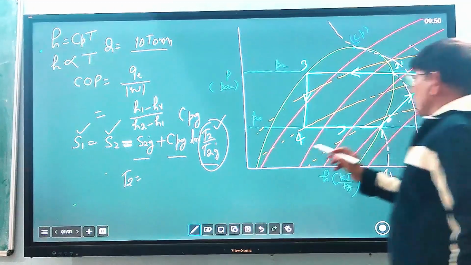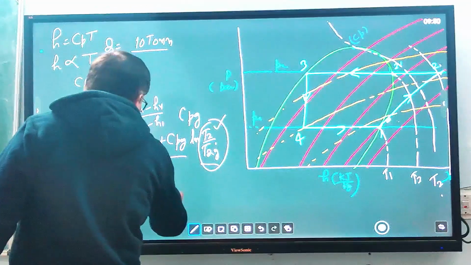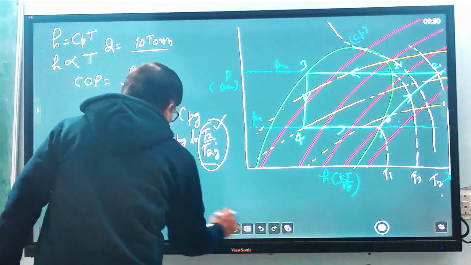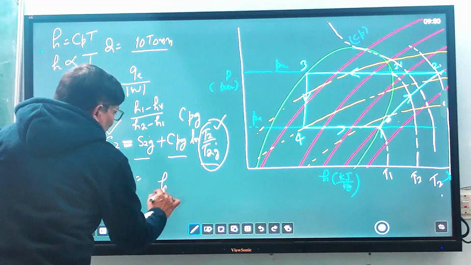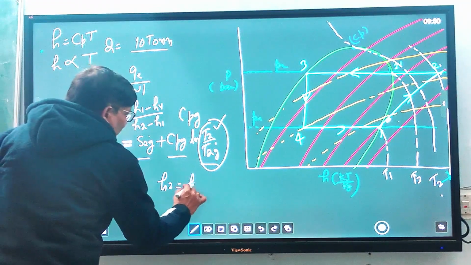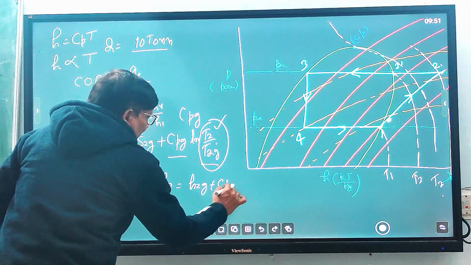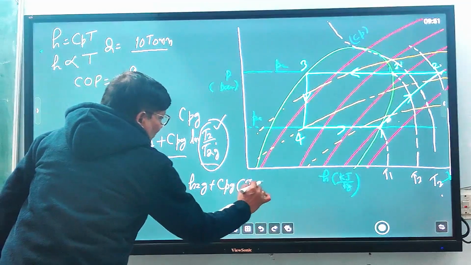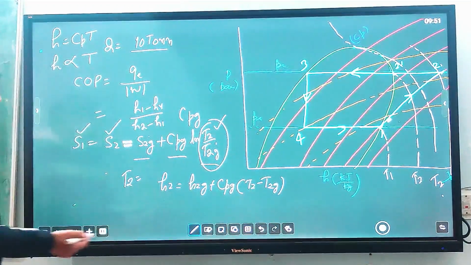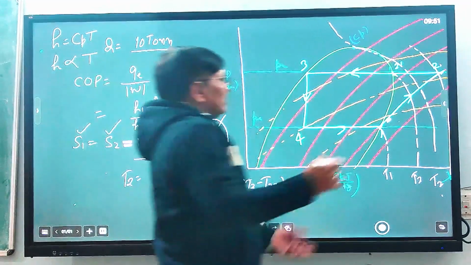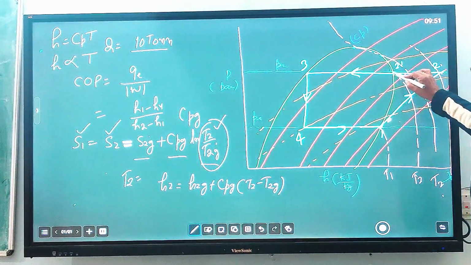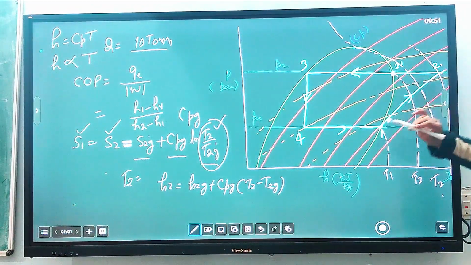Now you can find out H2. H2 equals H2G plus CPG times T2 minus T2G. Everything is known. The enthalpy at this point is given in the table.